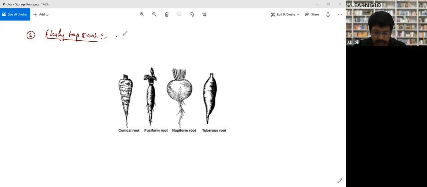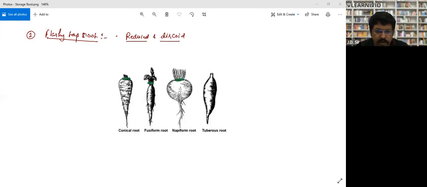Next point: the stem is reduced and disc-like. It means the stem becomes disc shaped. Look, this disc-shaped part is the stem. This is the only stem.